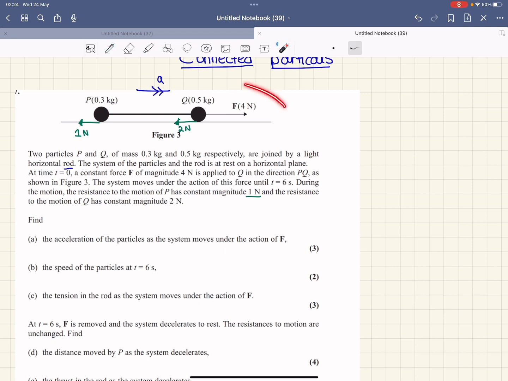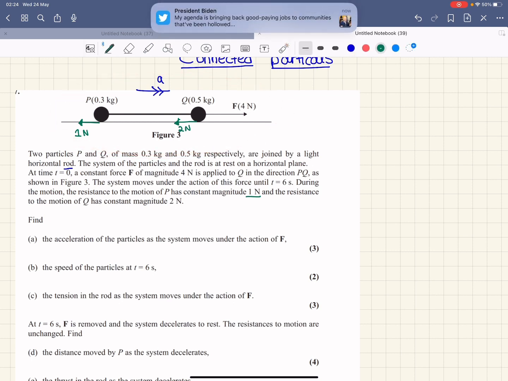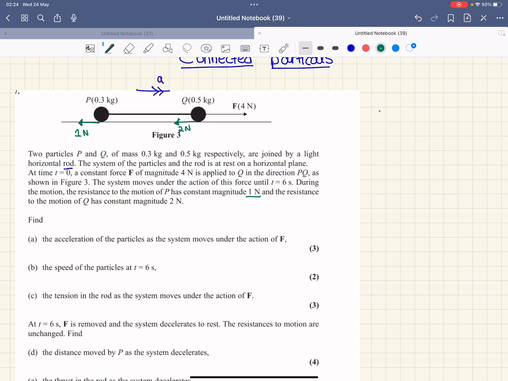So when you're doing connected particles, there's two things that you need to observe. When you're doing it as a whole thing, you do F is equal to ma, which is Newton's second law, for the entire system. The force required to move the object is mass times the acceleration.